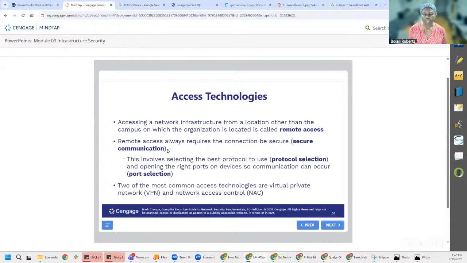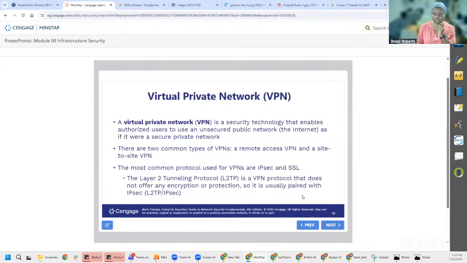So selecting the right protocol becomes very important. That's why VPN uses what we call IPsec, which contains a suite of protocols that provide encapsulation, authentication, and encryption. Then we also have network access control tools.